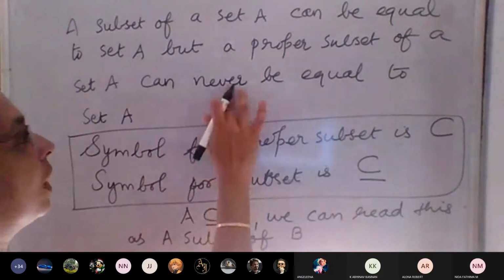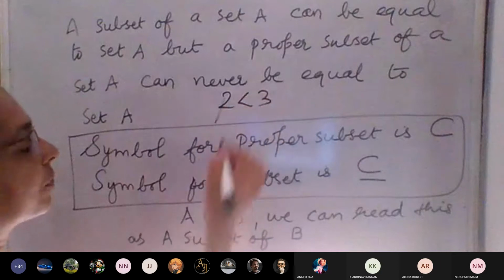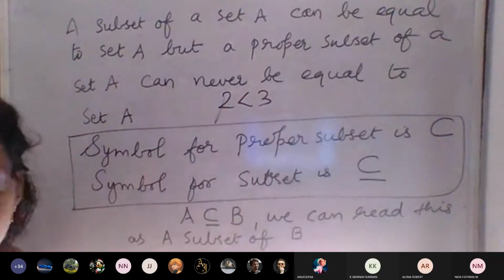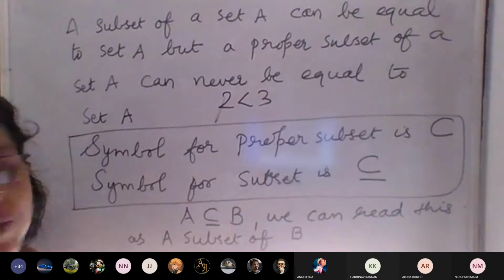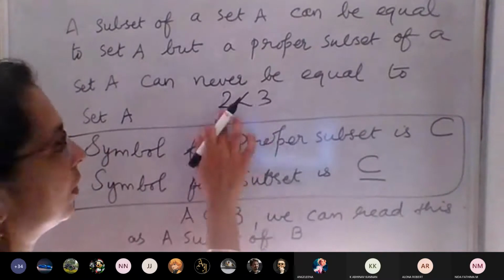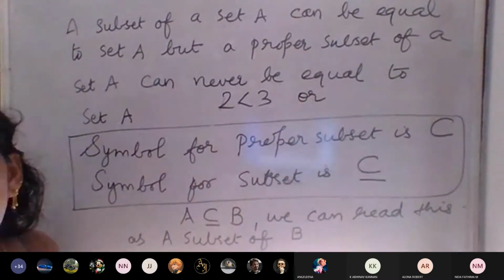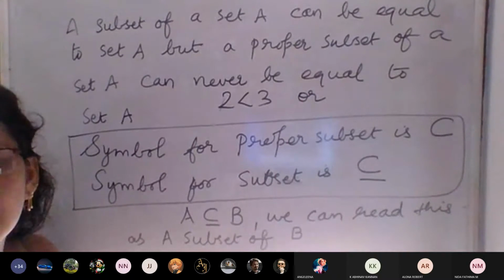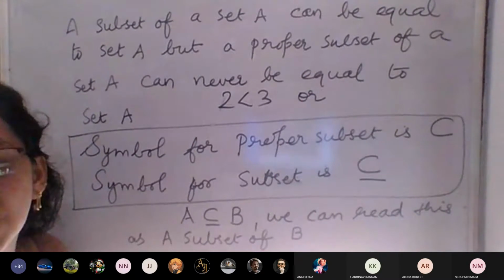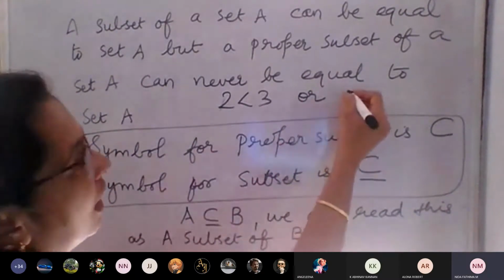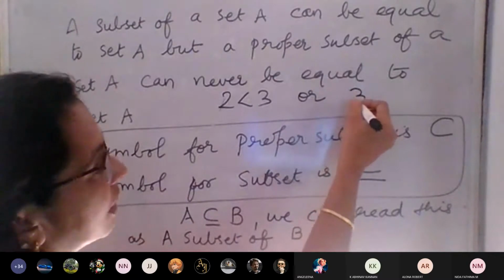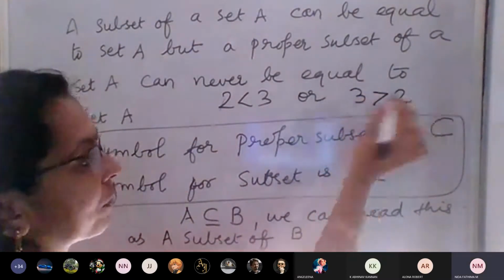Usually we read 2 less than 3, or another way, how can we read this, same without changing the meaning? 3 greater than 2.